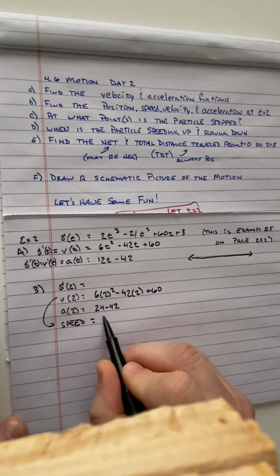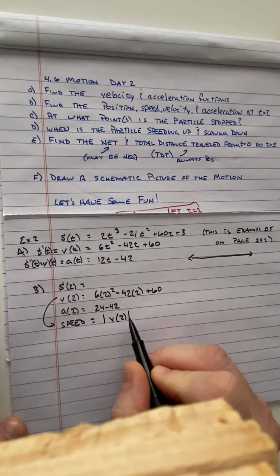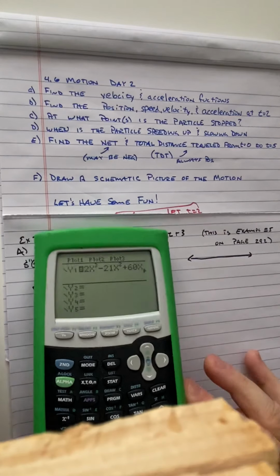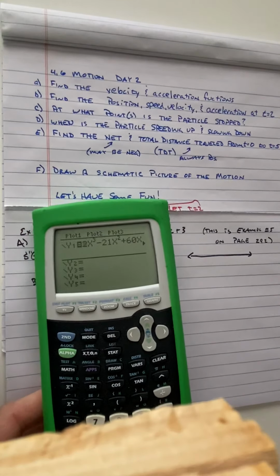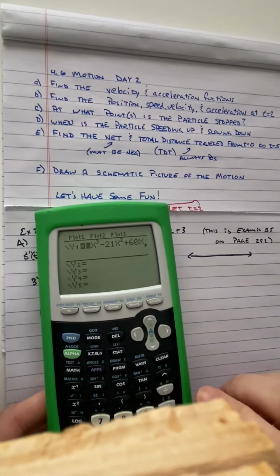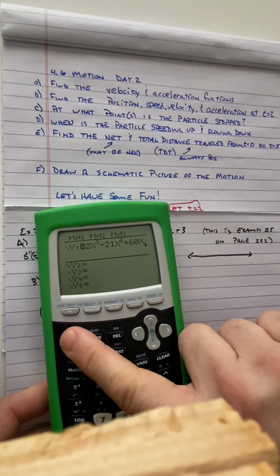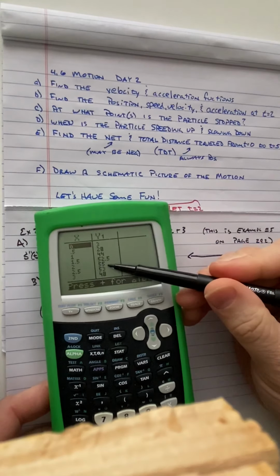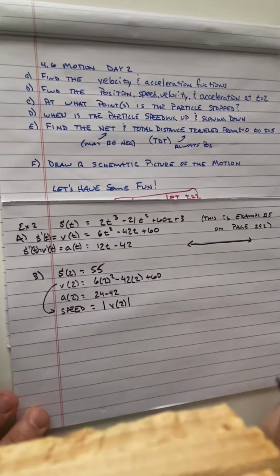And then the speed is just the absolute value of the velocity at 2. For the position function, I typed it into my graphing calculator because I need these values later when I draw my schematic drawing. Going to the table at t equals 2, the position is 55. So there's one of our other values.